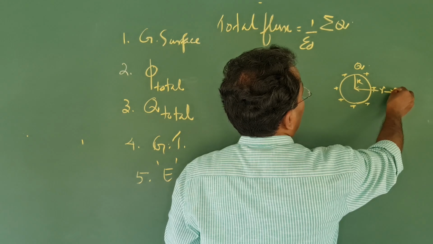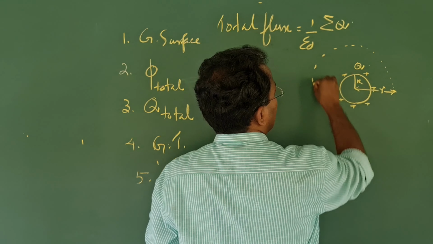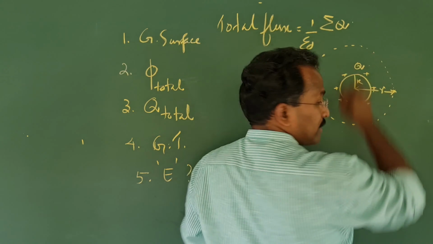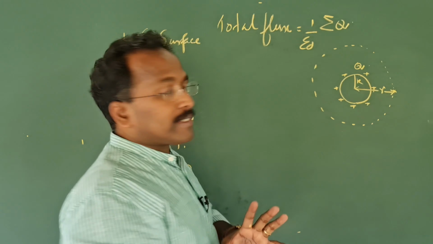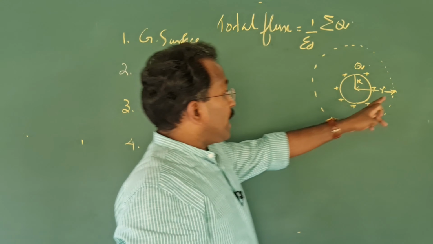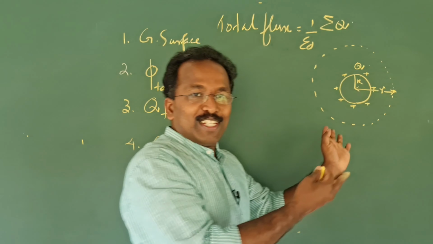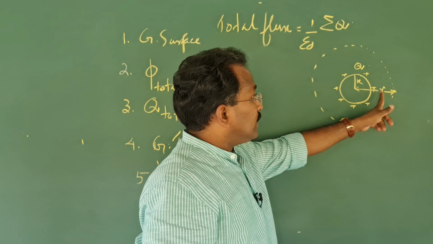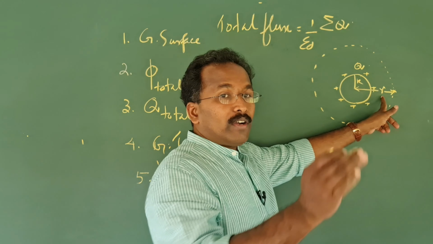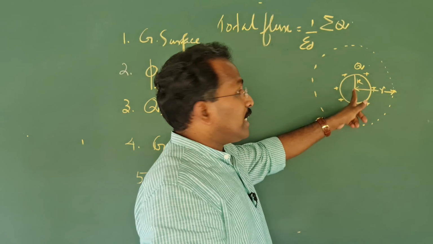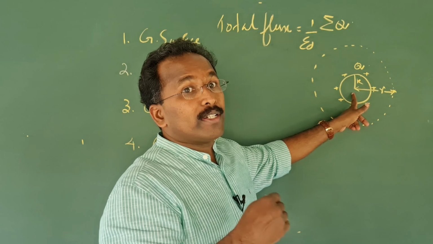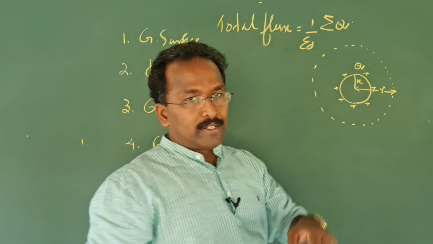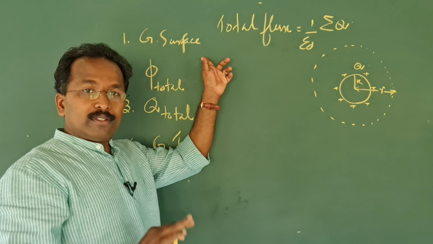Here the Gaussian surface we imagine is like this. In the exam you can write: imagine a Gaussian surface as in the figure, or imagine a Gaussian surface with the point on its surface and concentric to the sphere. It should be concentric, then only the symmetry comes in. So the first step is over.